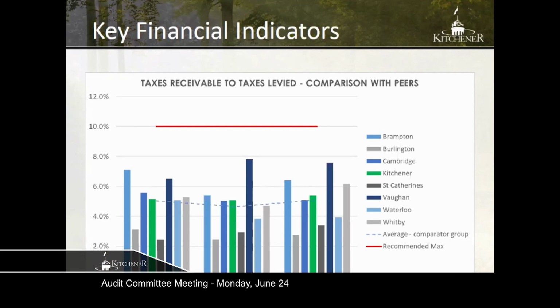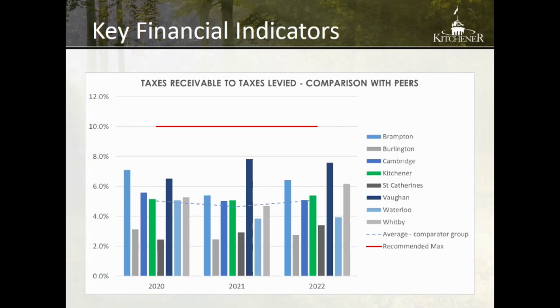So this ratio is showing the taxes receivable to taxes levied. So it gives an indication of how our taxes receivable are developing in relation to the development of taxes levied. And we did have a slight increase in that ratio over the last couple of years, meaning that our taxes receivable have increased at a slightly higher rate than our taxes levied.